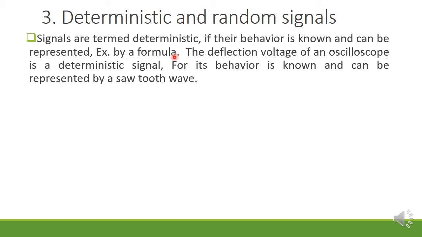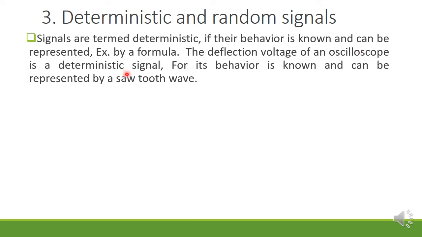By using some formula, if you are able to represent that signal, then it is called a deterministic signal. For example, the deflection voltage of an oscilloscope is called a deterministic signal.